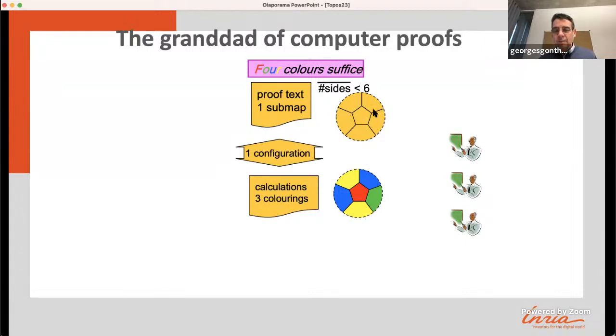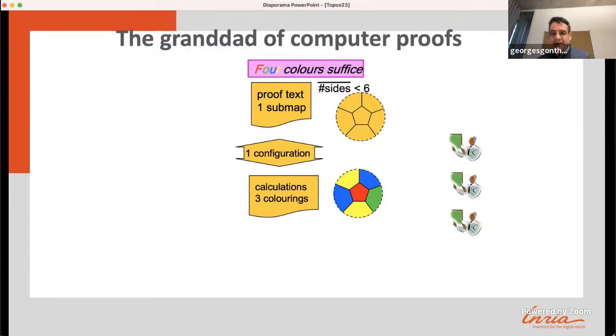In this case, you would be looking at a map with just a pentagon in it. And you do a calculation of all possible ways of coloring it and figure out that the coloring can be adjusted to reduce the map at that configuration.